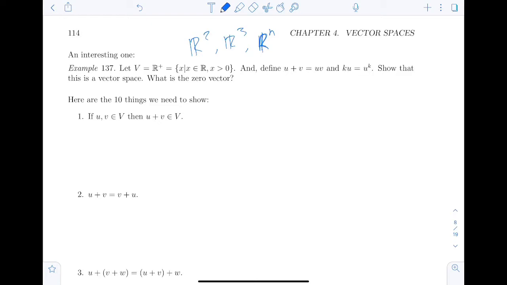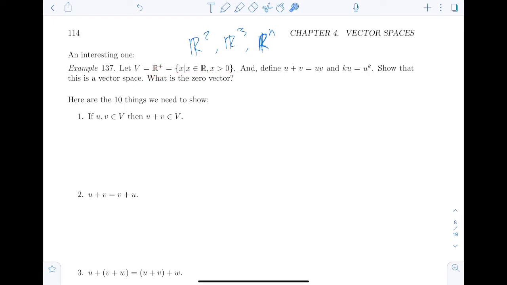So what I want to do now is give you a weird one, where I'm going to define addition and scalar multiplication in a weird way and show you that it satisfies all of the axioms. Here's the example. Let my vector space be R plus, the set of all x's that are positive, the positive real numbers.